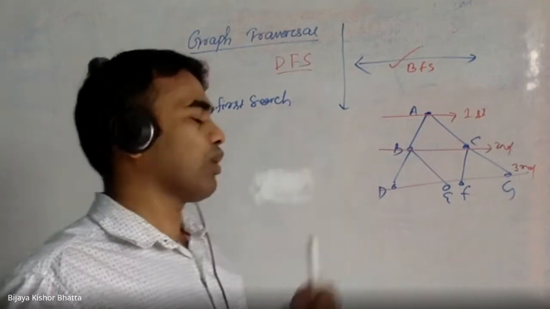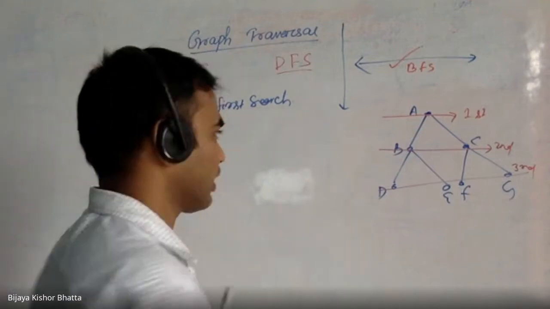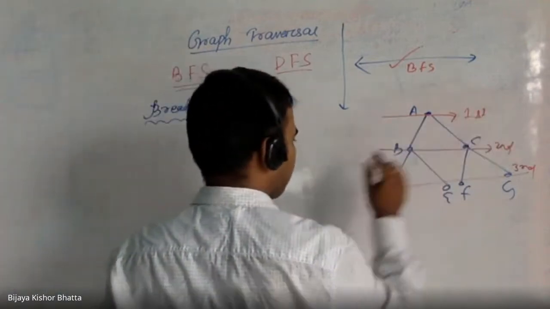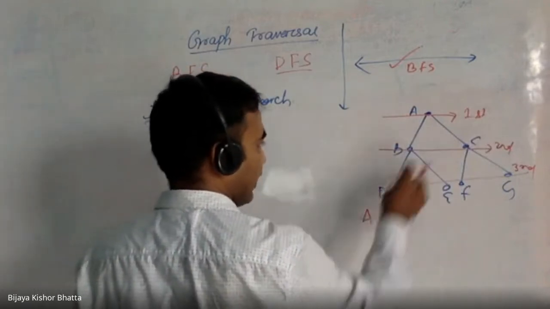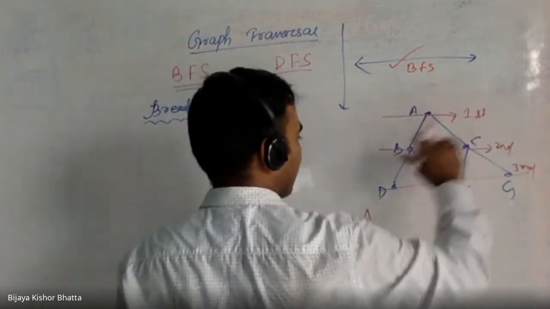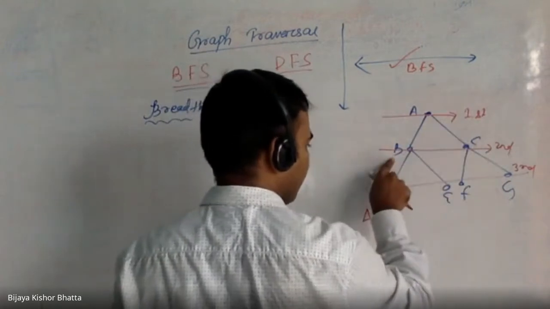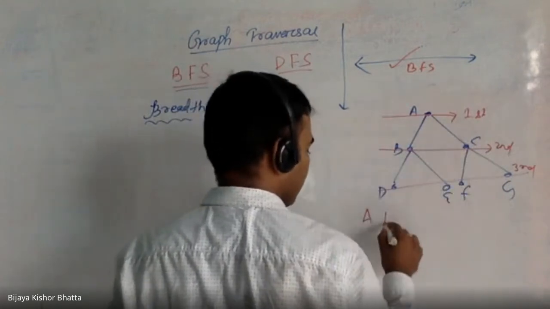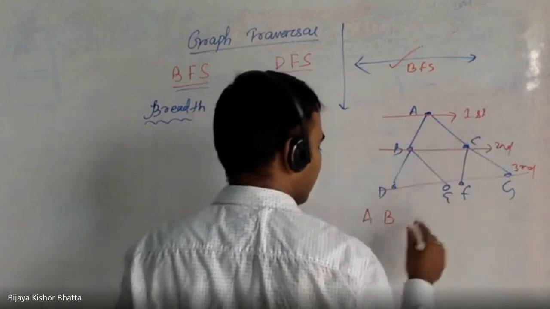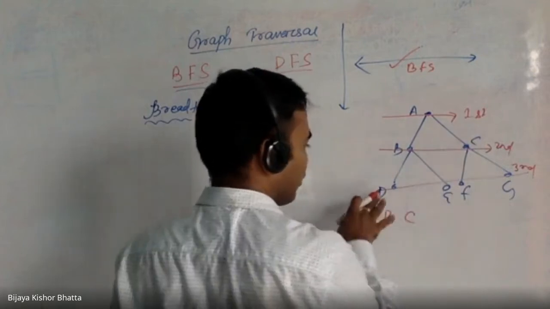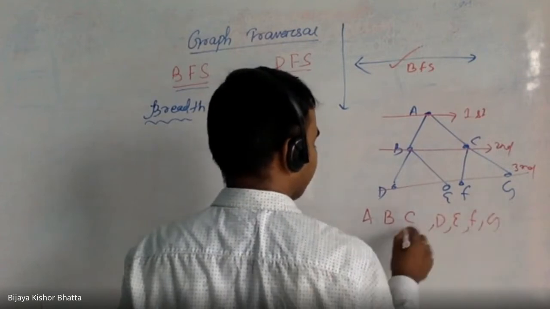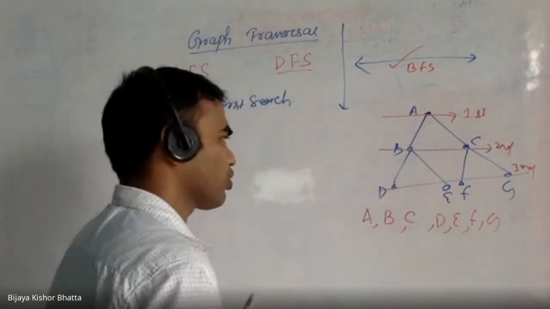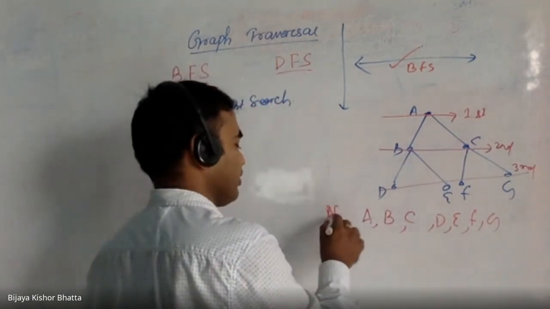If I ask you what the traversal of this one is, I will say that I'm traversing from left to right. So this is A. Then the answer for this graph starts with A. Once this level is done, I'll go to the next level, which is B, going from left to right, then C. Then D, E, F, G. So this is my BFS traversal.